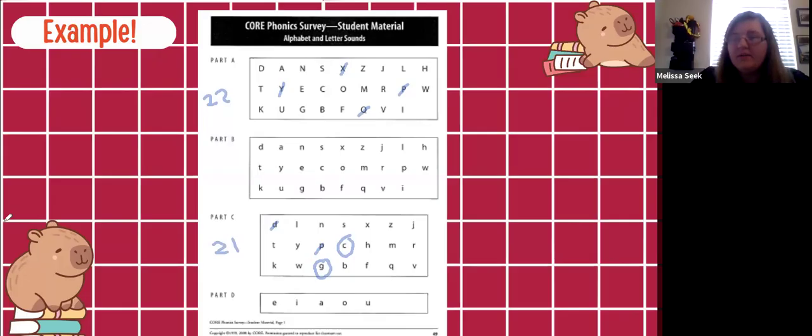So they would get a point for each sound. You can ask them to double check the C. I believe it's K, and I never say the sound right with my C's. But if they get 2, then they get 2 extra points for that. All right. We are tracking.